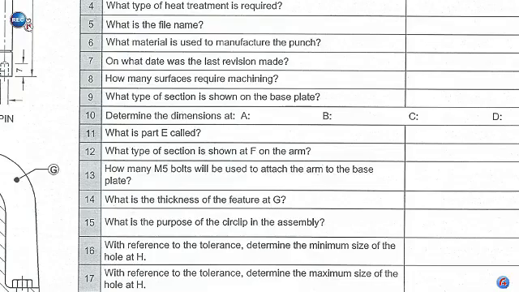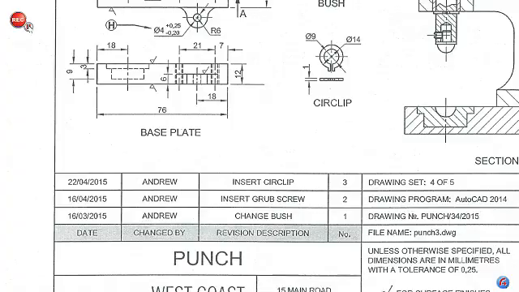On what date was the last revision? Here you will find the revision table, all done by Andrew on those specific dates. And these are the revisions as they were done. The last one that we are looking for is the 22nd of the 4th, 2015.